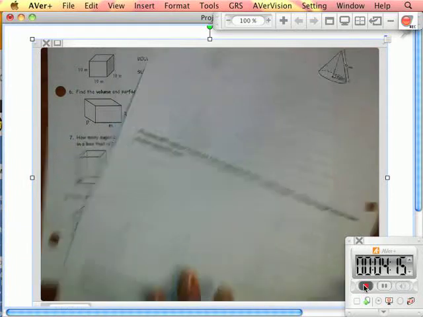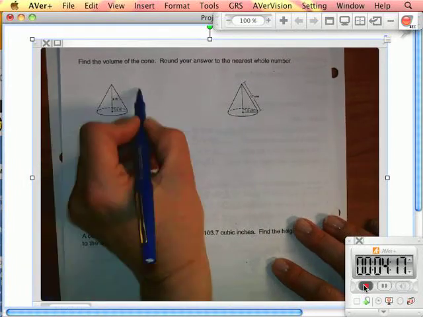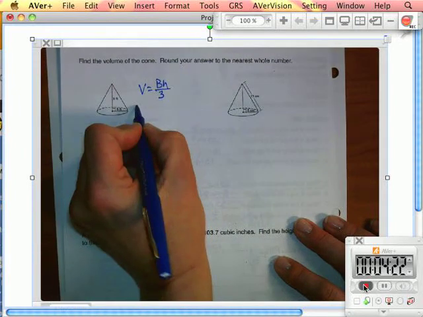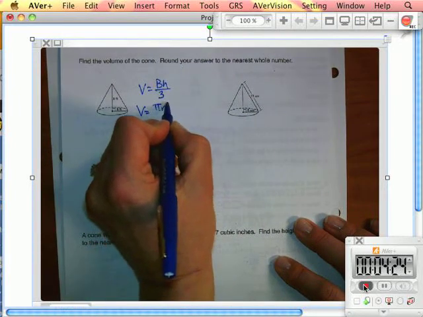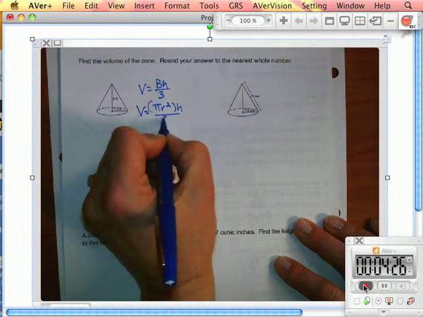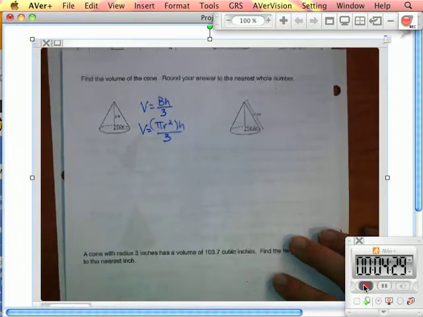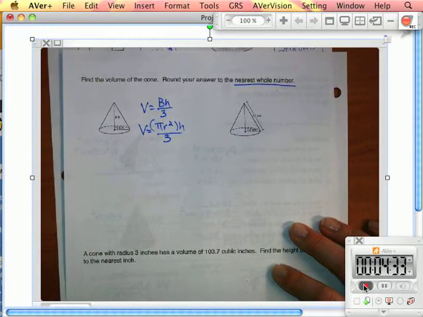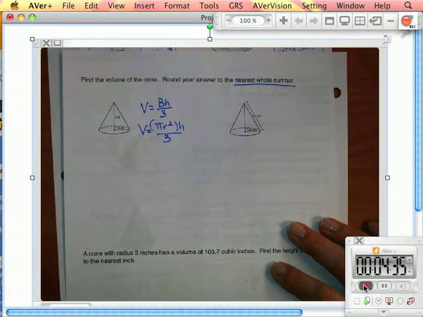Okay, find the volume of the cone. It's volume and it's a cone. I'm going to write my formula down, which is actually going to be this because it's a cone. Then I have to round to the nearest whole number as well. So I'm going to plug in what I know.